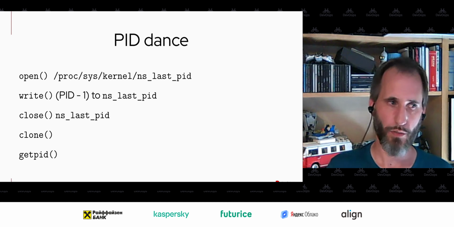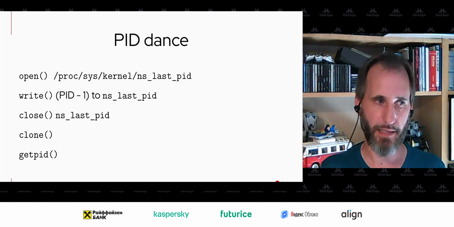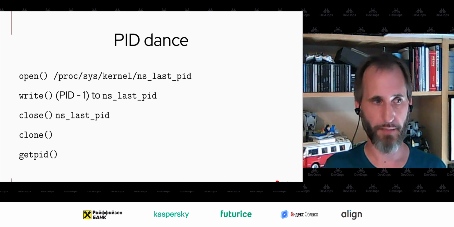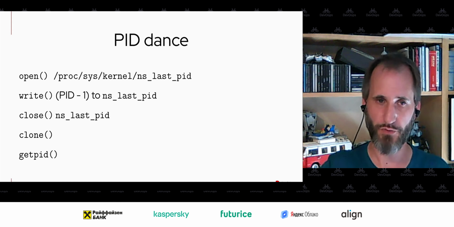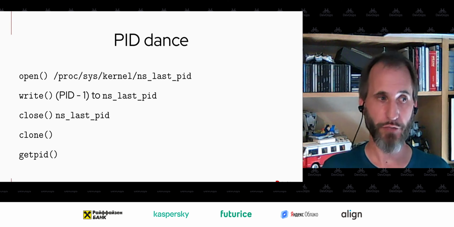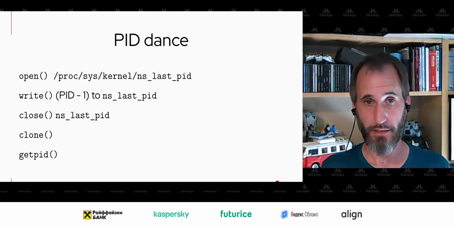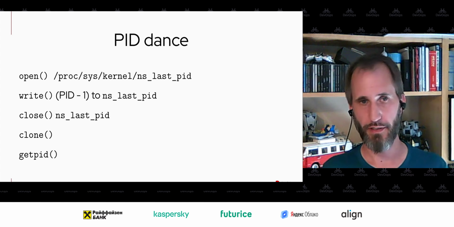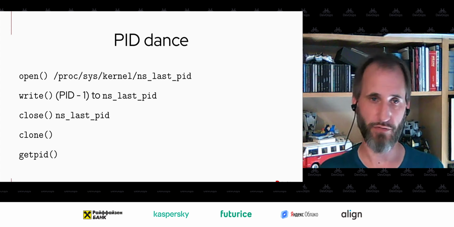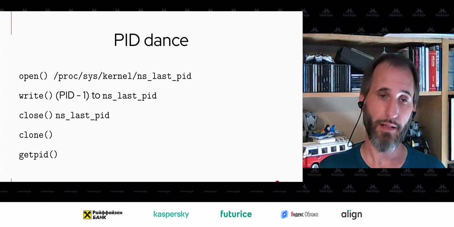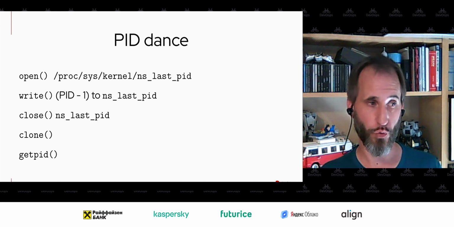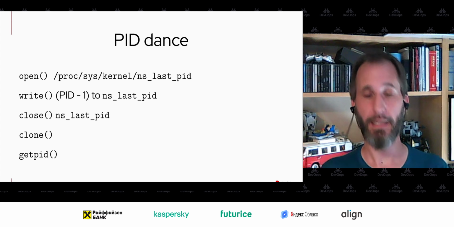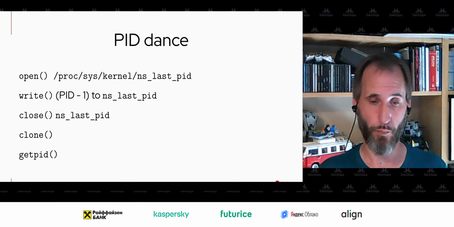What we call the PID dance is that we want to recreate a process with the same PID it had before restore. So we have to tell the kernel we want a certain PID for our next process. What CRIU used to do is the PID dance. We open /proc/sys/kernel/ns_last_pid to write pid-1, then we close it, and then we really try to be quick to do a clone, and then we do a getpid to verify that it's actually the PID we requested.